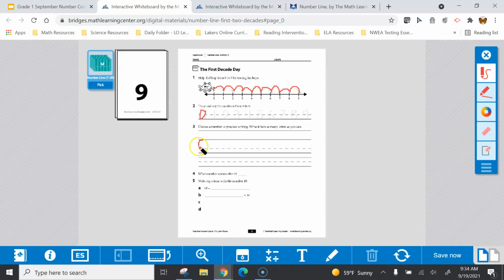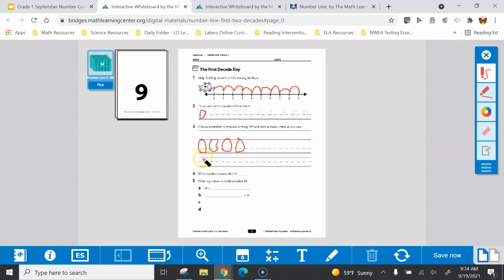I want to practice that. So I'm going to keep writing 0, 0. Oh, that one was a little messy. So I'm going to erase that one and make it a little neater. I'm just going to continue to practice writing that number on these lines.